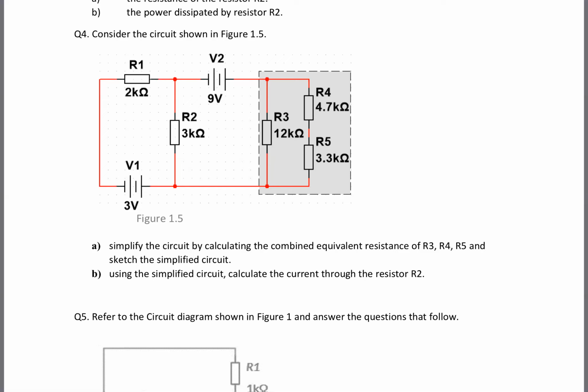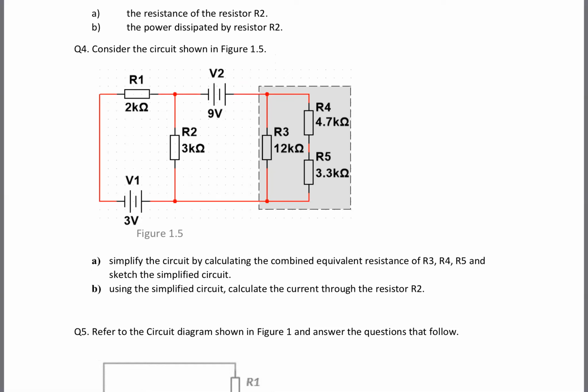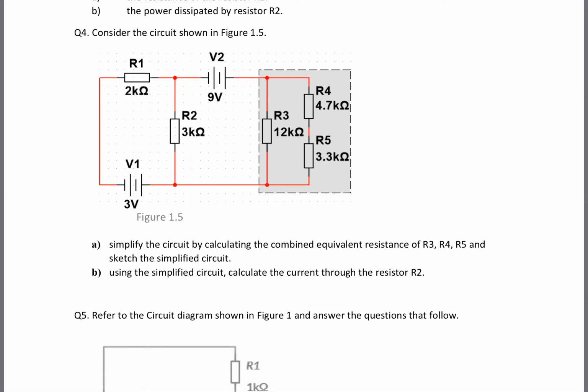Correct. These two are 8 kilo ohms, right? So then we have two in parallel, that is 8 kilo ohms and also 12 kilo ohms. In order to find that total, R is equal to 1 over 8 plus 1 over 12, that is in kilo ohms, right?